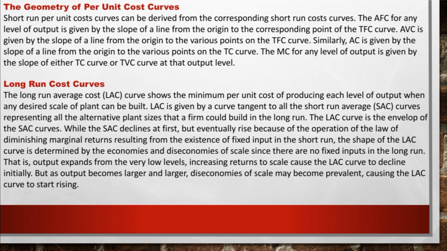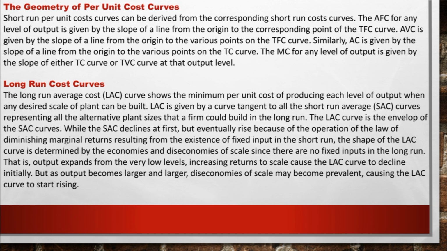Long-run cost curve. The long-run average cost, or LAC, curve shows the minimum per unit cost of producing each level of output when any desired scale of plant can be built. LAC is given by the curve tangent to all of the short-run average cost, SAC, curves representing all of the alternative plant sizes that a firm could build in the long run.